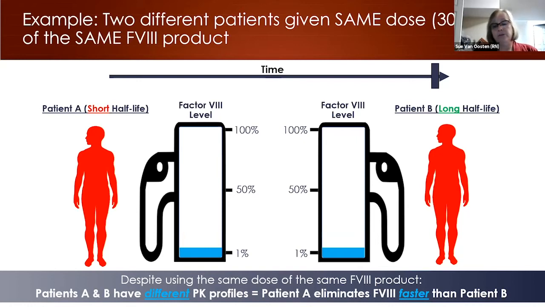And so to expand on that question about the longer acting products, yes, they should last longer, but if you are a patient that has a short half-life of a product, it may not last you as long as somebody that has a longer half-life.